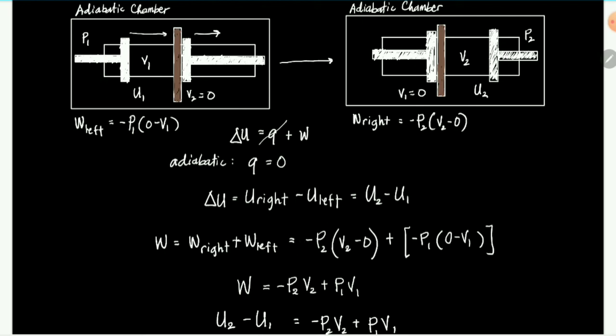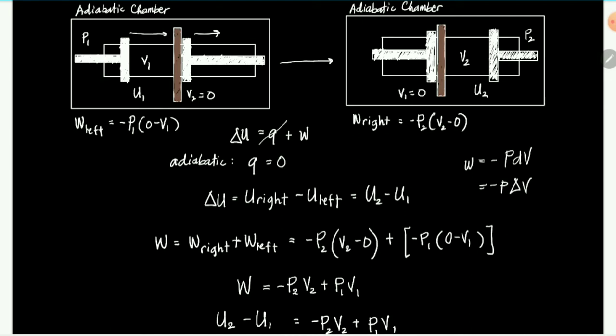So the right is negative P2, because work, again, is negative P dV, or in this case, negative P delta V. So on the right, negative P2 times V2 minus 0, because its initial state here on the left is 0. On the other side, negative P1 times 0 on the right, minus V1 on the left, because our process, again, is from left to right.